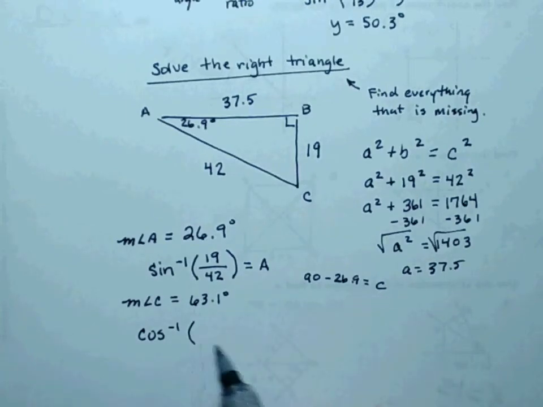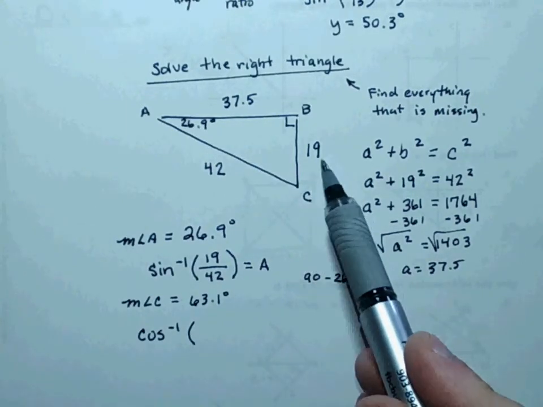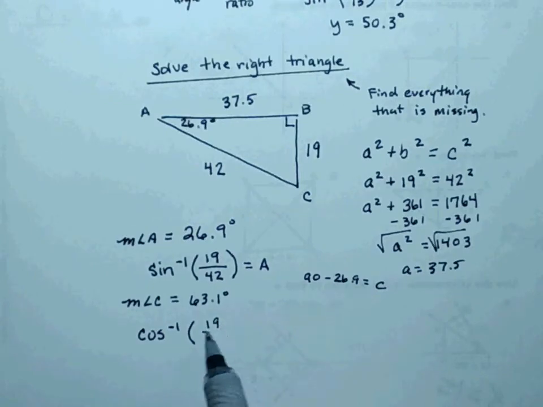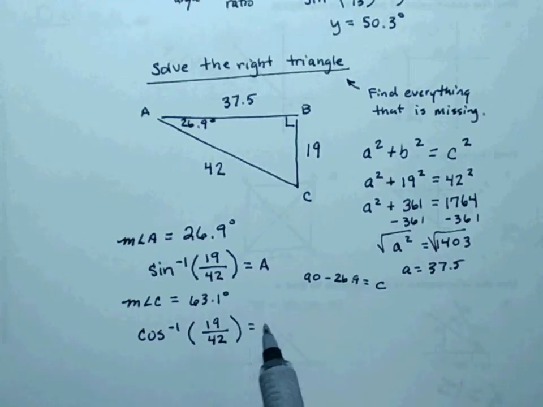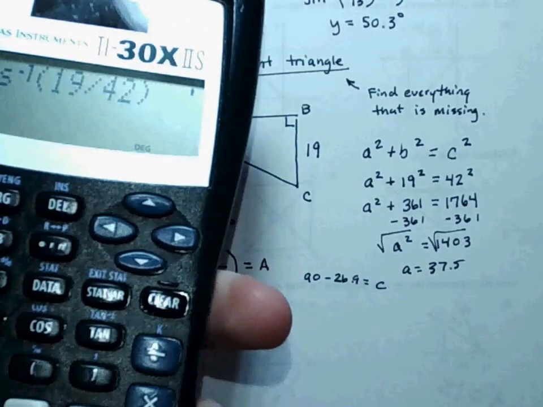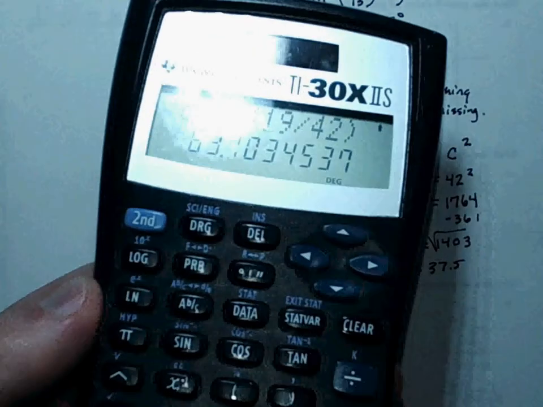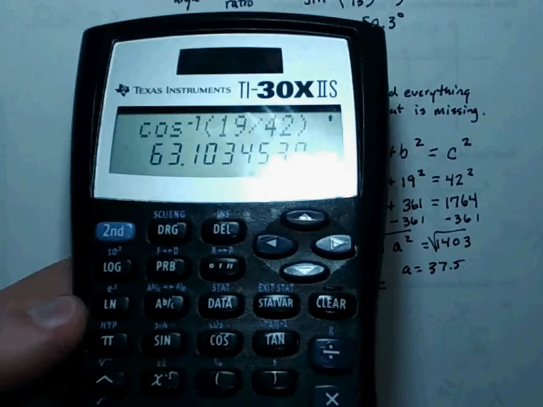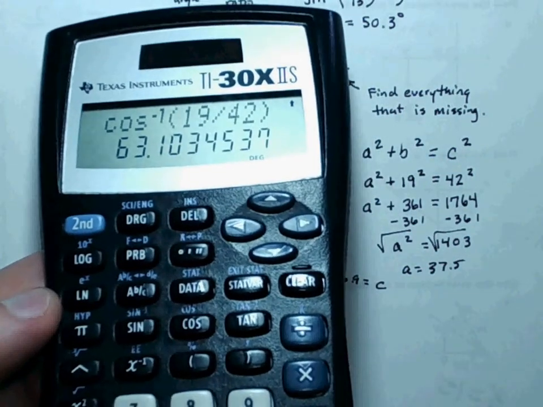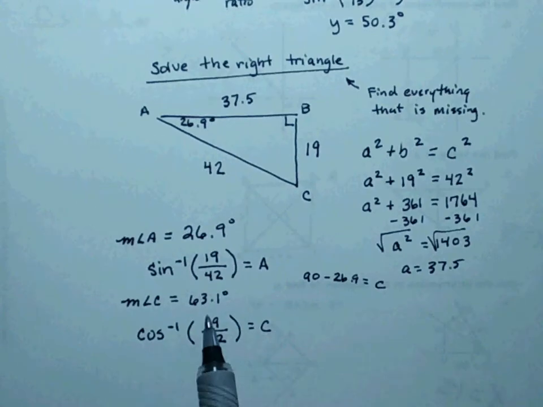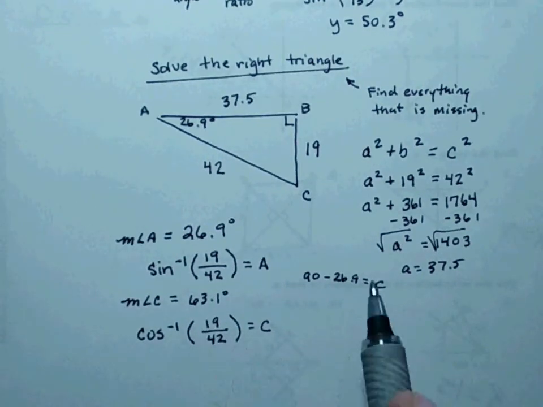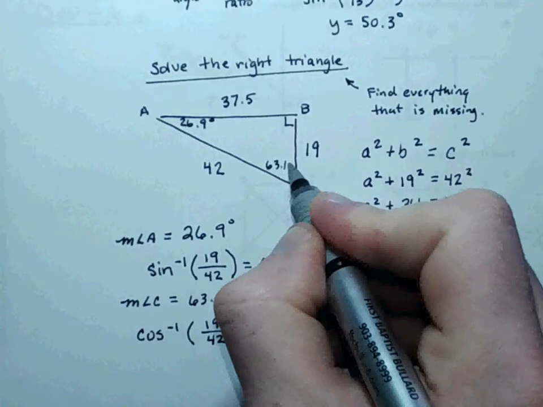So inverse cosine of adjacent, which is 19, over hypotenuse, which is 42. And that should give us what C equals. If I put that in my calculator, second cosine 19 divided by 42, and press enter, you would get 63.1 degrees, which is what we had.